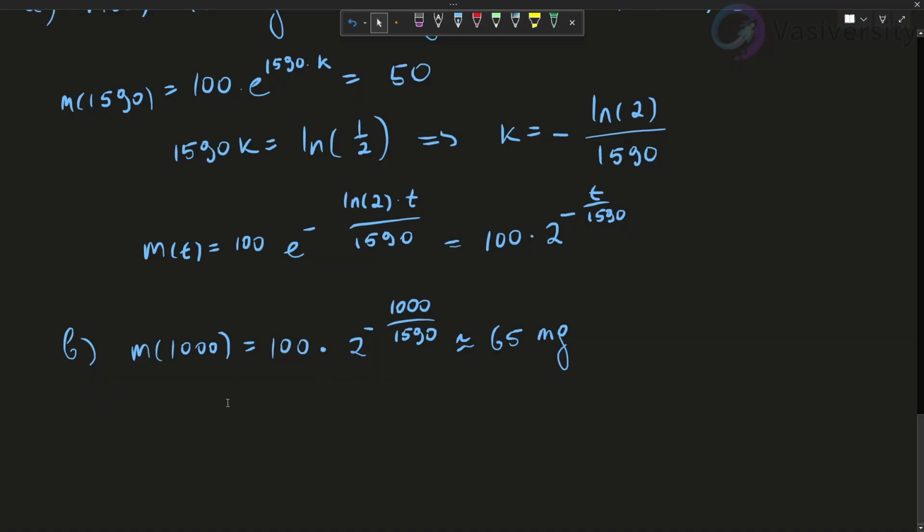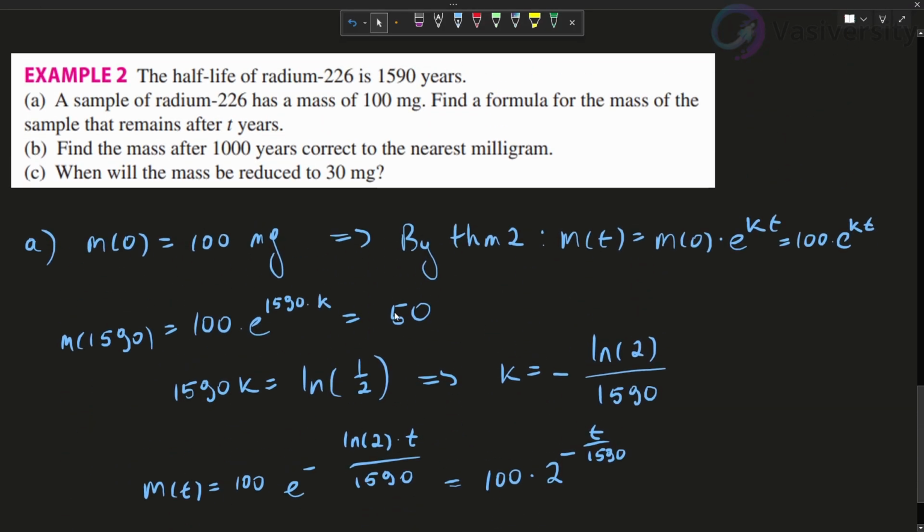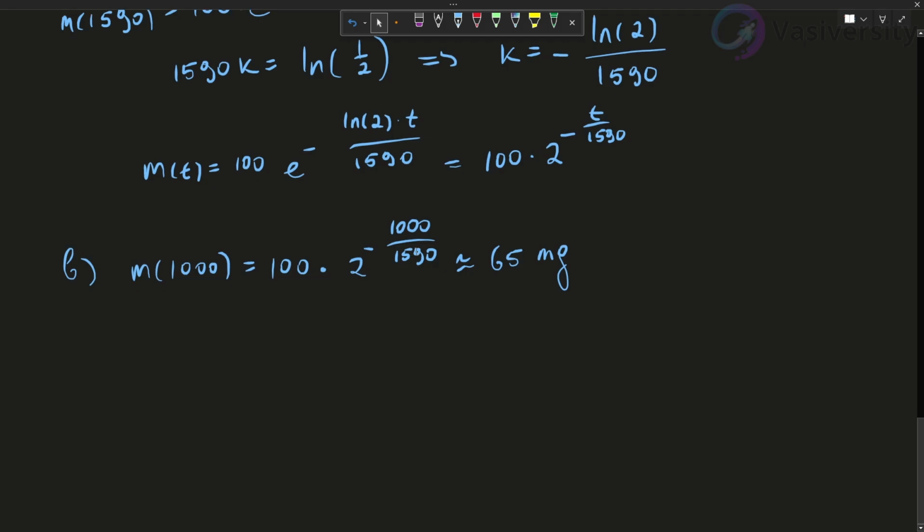Okay. And then, when will the mass be reduced to 30 milligrams? So for part C, we want to find the opposite. We want to have that 100 times e to the negative ln 2 t over 1,590 is equal to 30.